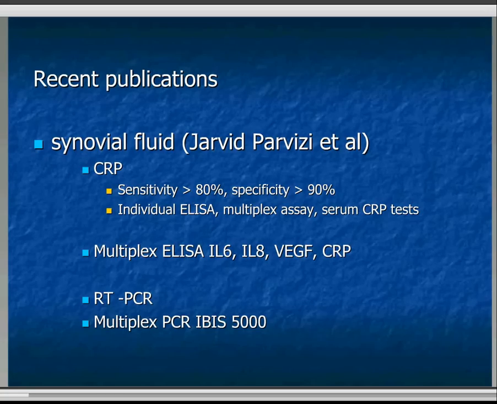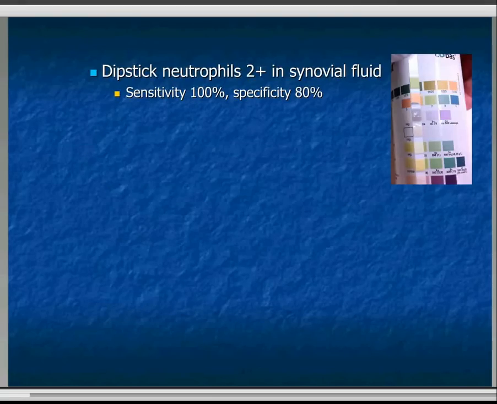Javed Parvizi from the Brooklyn Institute, his group there has done a lot of work on synovial fluid from hip replacements and knee replacements, and he was presenting some conclusions in both hips and knees. And it turns out that the CRP on synovial fluid is very sensitive and highly specific for infection.